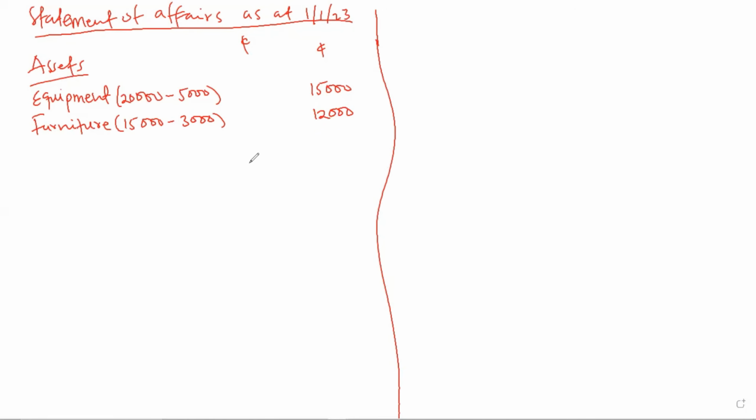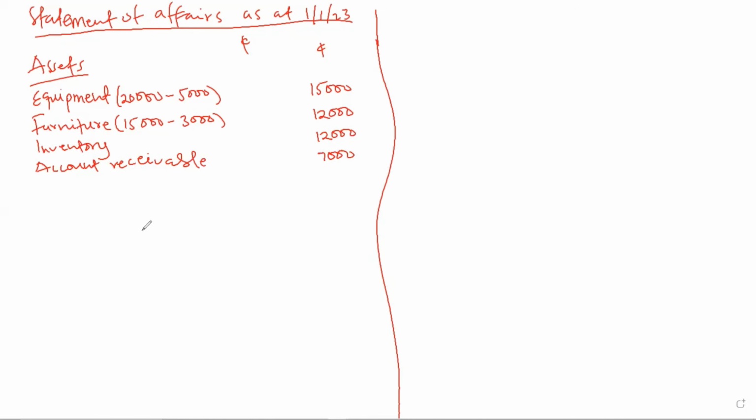We have inventory, which is also an asset, and the value is 12,000. Then we have accounts receivable, which is also known as debtors. These are basic things that you should know if you're an accounting student. So 7,000.